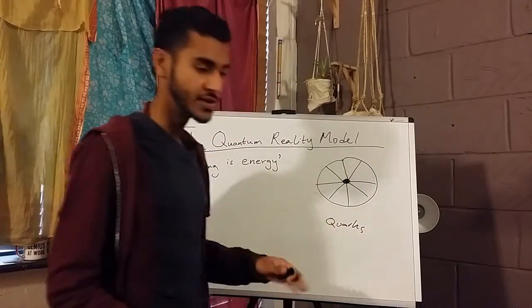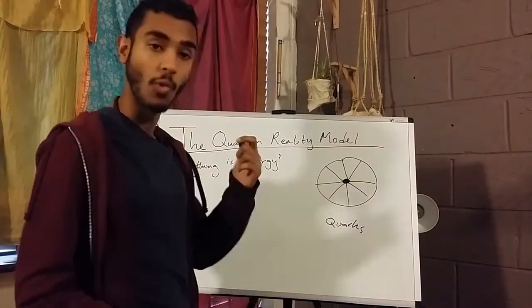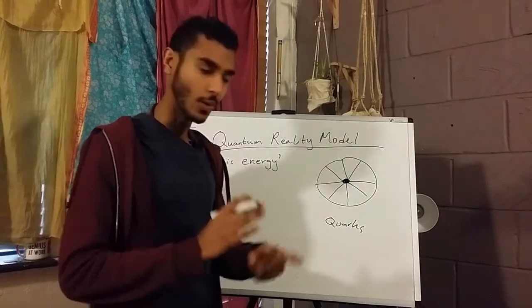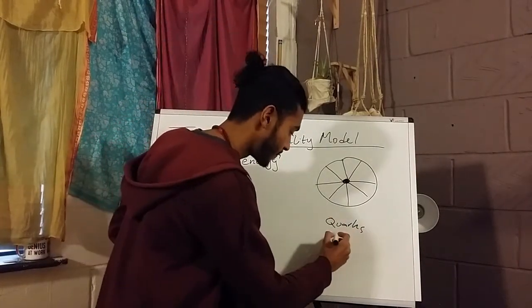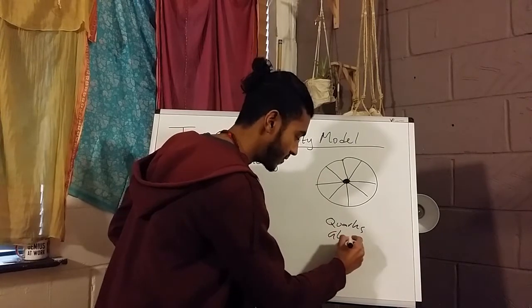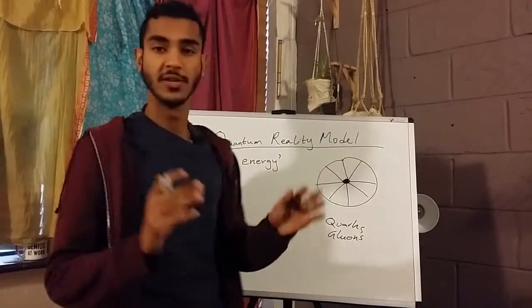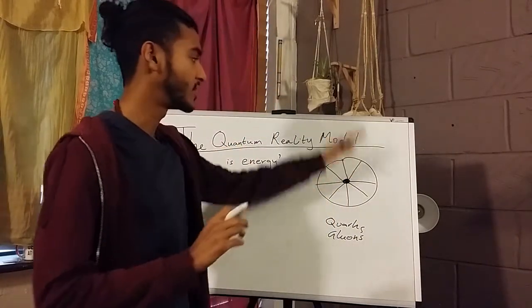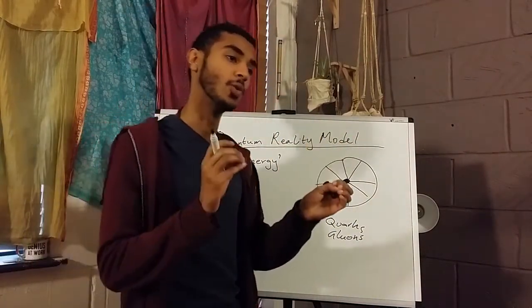So essentially we can say that this board is made out of quarks and the spaces in between the quarks, which are known as gluons. So these are essentially the spaces that are between two quarks. So essentially we can say this board is made out of quarks and gluons.